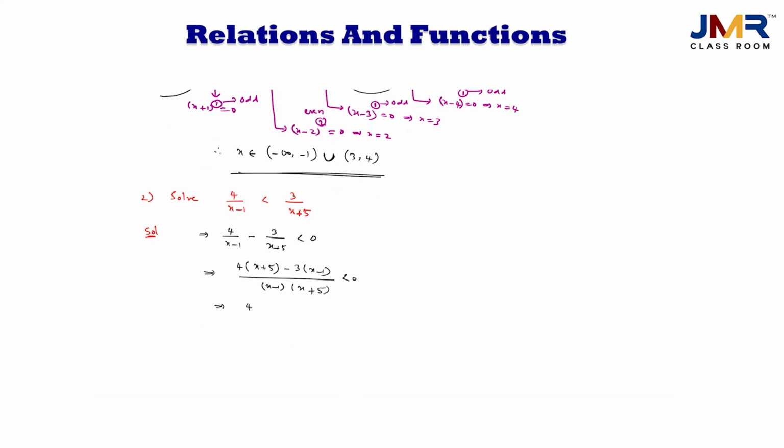Then 4x plus 20 minus 3x plus 3 by x minus 1 into x plus 5 less than 0. Then 4x minus 3x, x plus 23, x plus 23 by x minus 1 into x plus 5 less than 0.